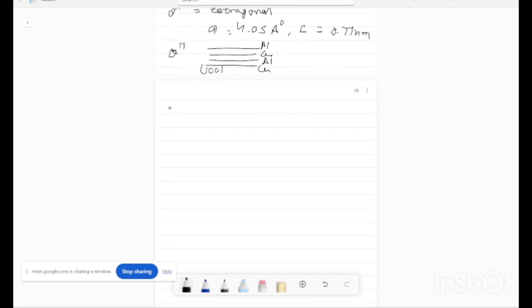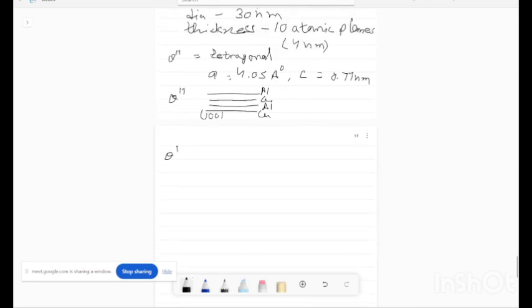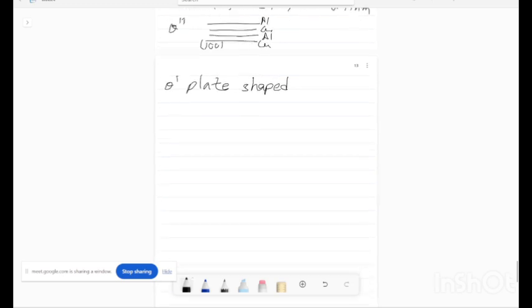Next is the theta prime precipitate. Theta double prime is disc shaped, while theta prime will be plate shaped, and the size of theta prime depends on the aging temperature and time. If the temperature and time are increased, the size of the theta prime will also be larger.